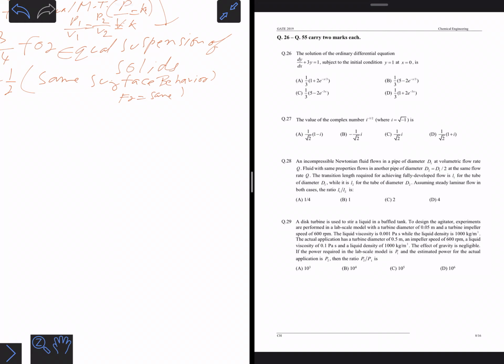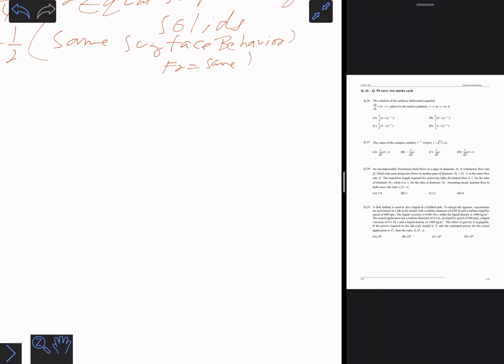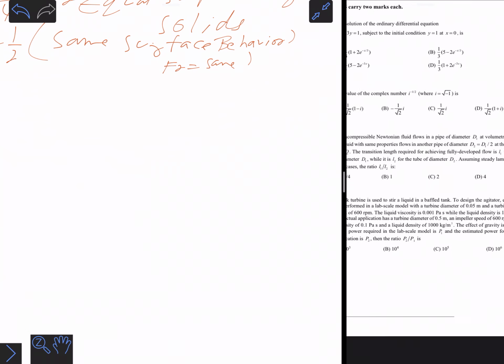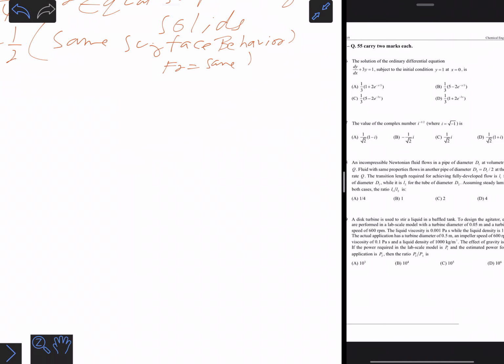The liquid viscosity is 0.001 pascal second, the liquid density is 1000, and the actual application has a turbine diameter of 0.5 meter. Basically, this is a scale up problem. Smaller lab scale parameters are given, and we need to find P2 by P1.